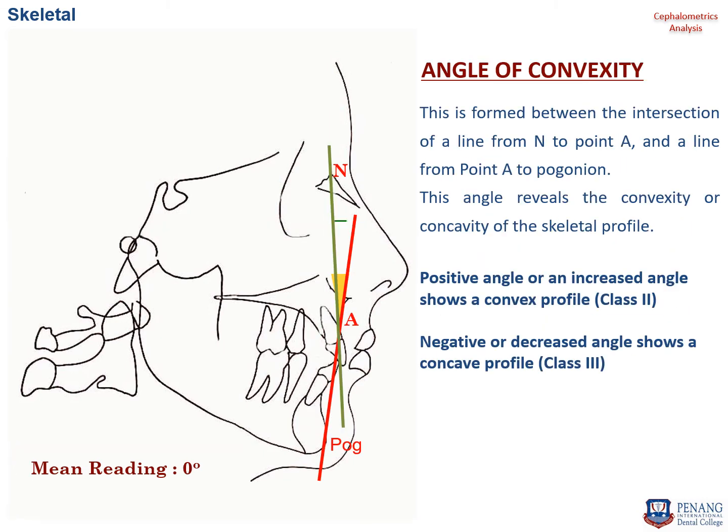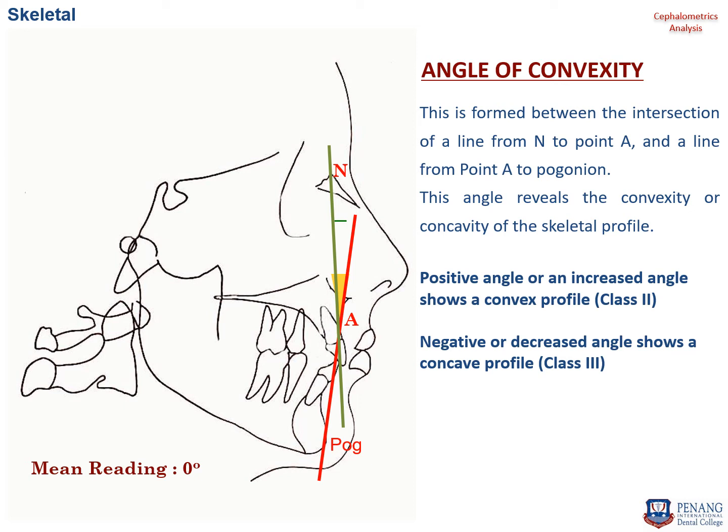The next skeletal parameter is known as angle of convexity. Here, the angle of convexity is formed by the intersection of a line from N to point A and a line from point A to pogonion. First you construct a line from N to point A, that is for the maxillary part.